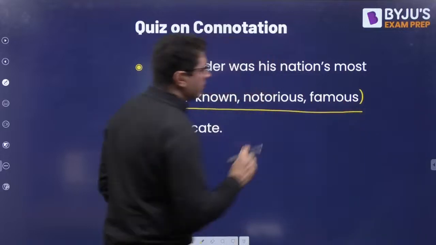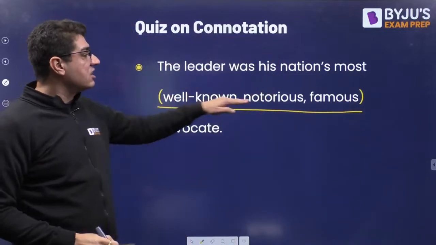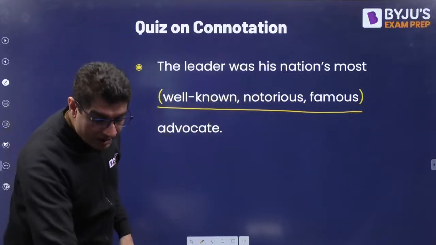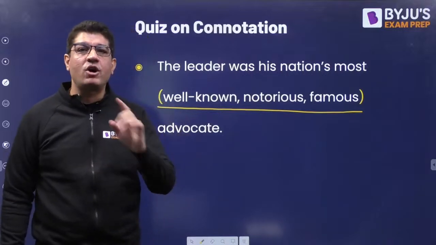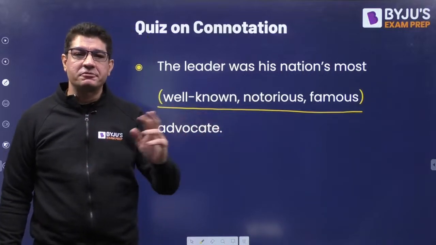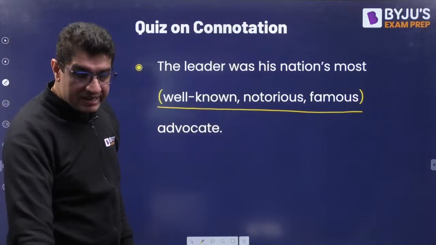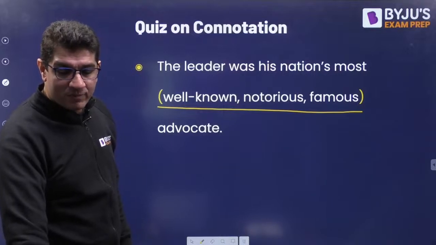There are these three words here. Each one of these three words can be used in this sentence. I want you to arrange these three words in a series, in a sequence of negative to positive. Let us see who gets it first.